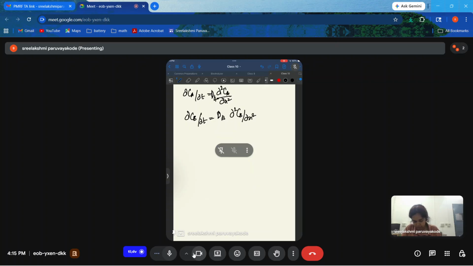Now, at steady state, we can say dou by dou t equal to 0. This is important because these expressions are used if you have to find out Ca at x equal to 0 and Cb at x equal to 0. We can find them using this, just considering the diffusion of species between the interface and the bulk.